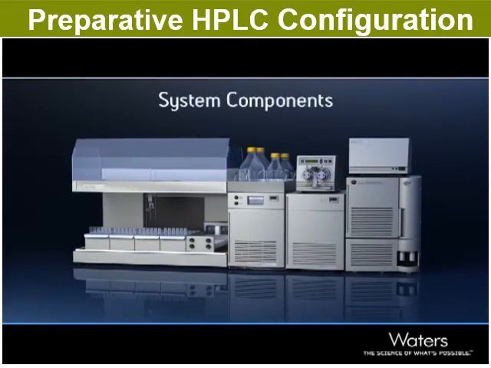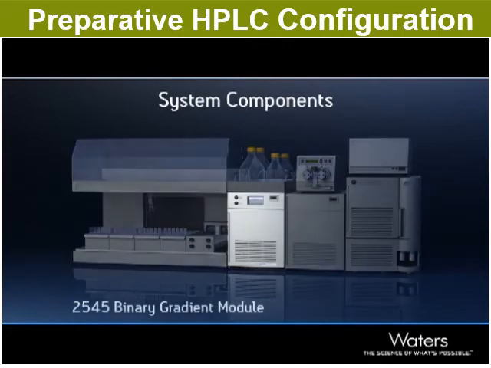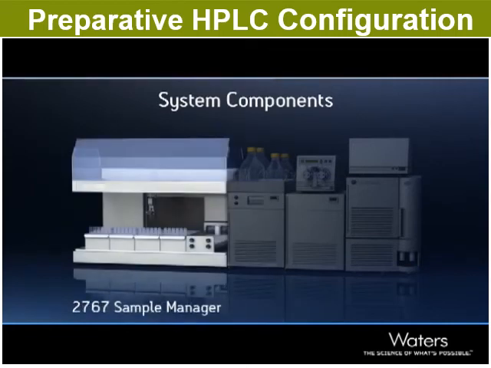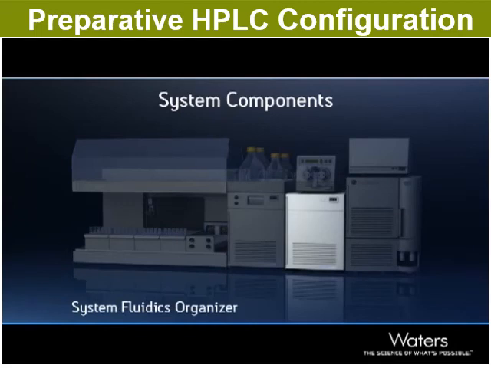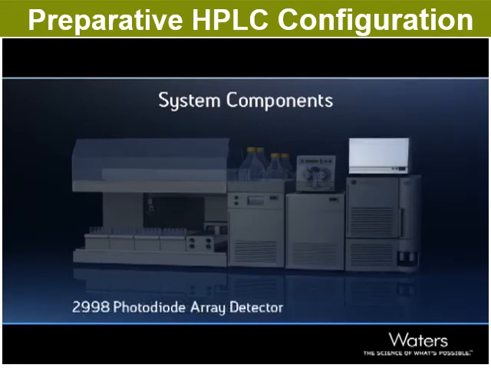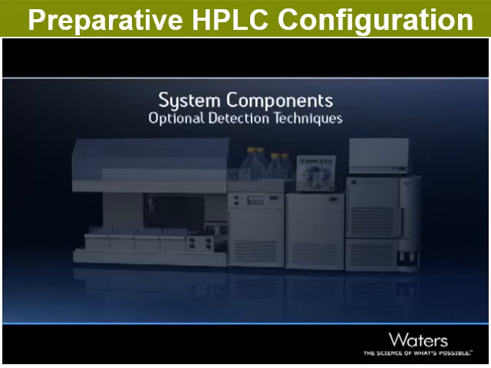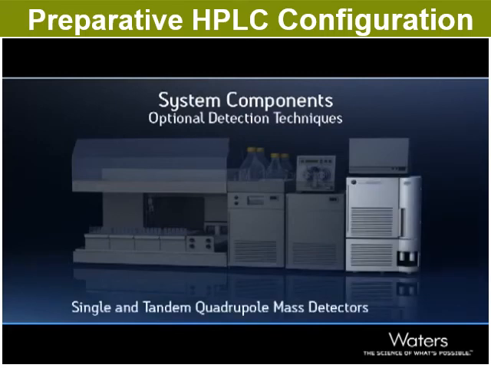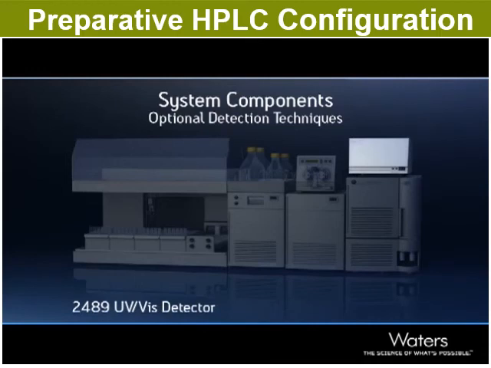The Waters Auto Purification System consists of a 2545 binary gradient module, an injector collector, the 2767 sample manager, a system fluidics organizer for automated column switching, and a 2998 photodiode array detector. Optional detection techniques can also be used, such as single or tandem quadrupole mass detectors, a 2489 UV vis detector, or a 2424 evaporative light scattering detector.